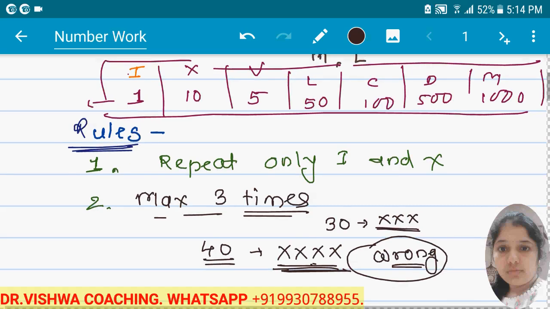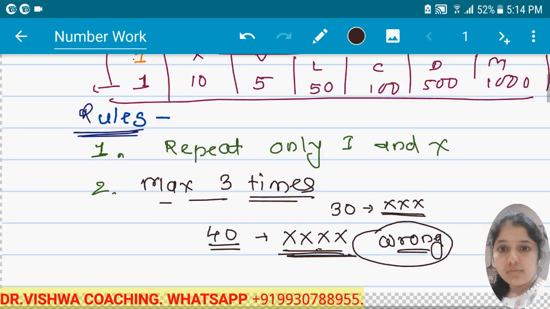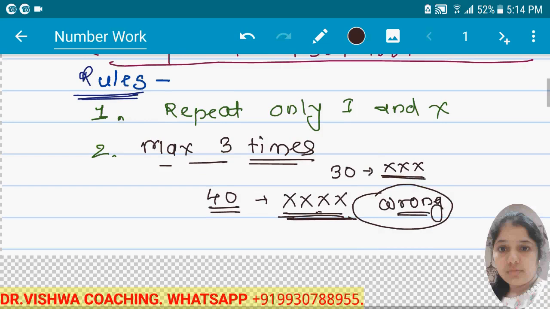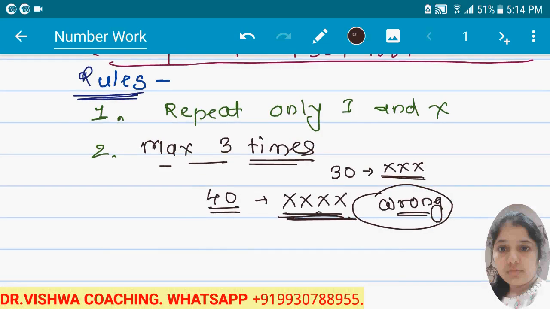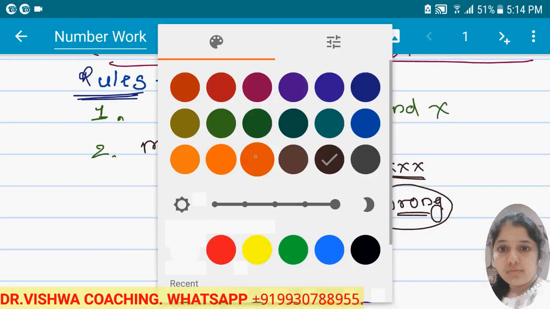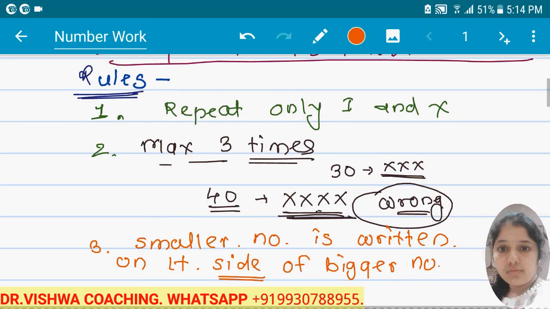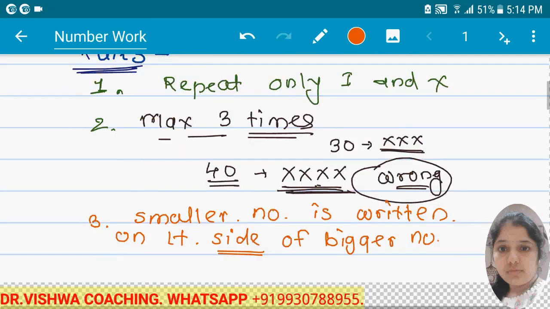There is another rule: if a smaller Roman number is written on the left side of a bigger number, then we have to subtract that smaller number from the bigger number. How? You all know how to write number 4.